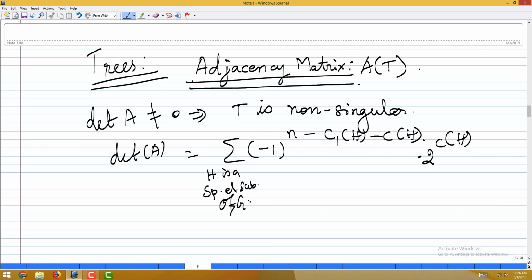So, from here can you say something about the tree? Obviously, we know C(h) is 0 because there is no cycle in the tree. So that is ruled out, 2^0 is 1, and we have to now worry about n - C1(h).